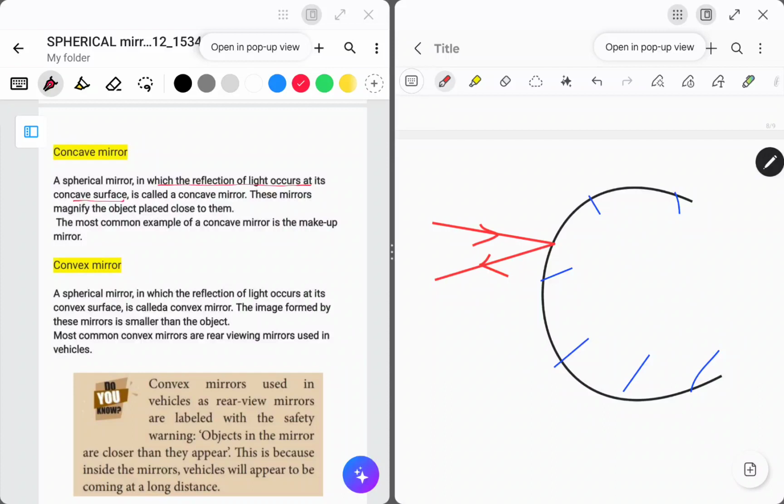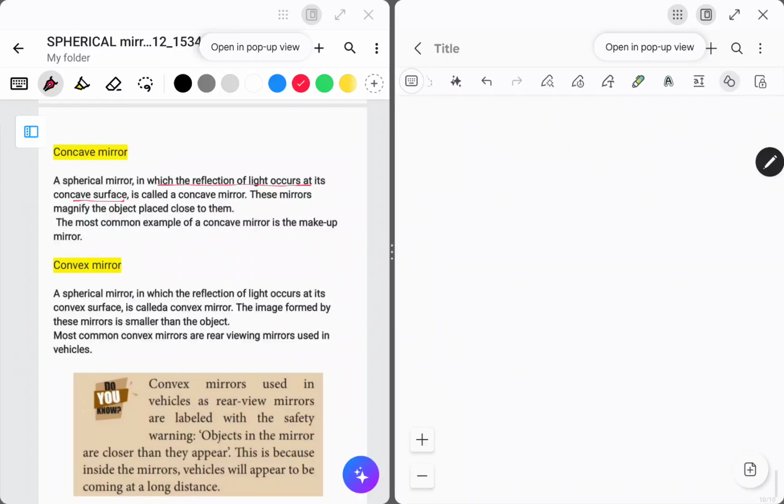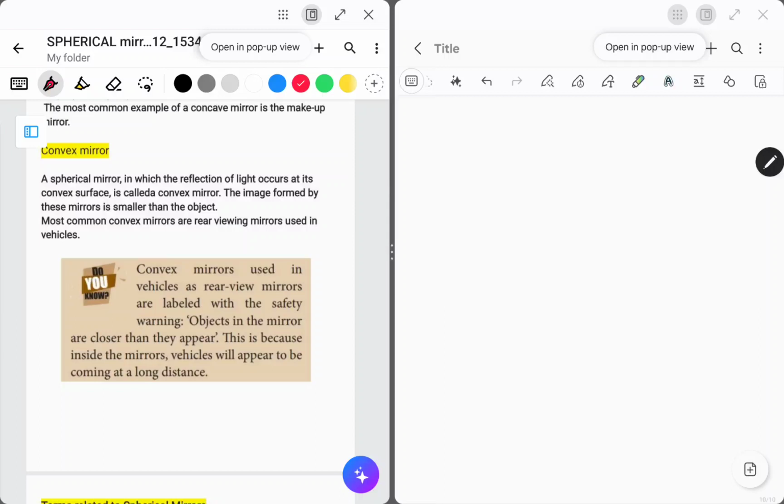The image formed by a convex mirror will be very small. We all know we use convex mirrors as side mirrors in vehicles. Okay, understood?